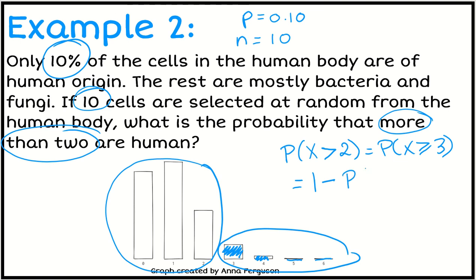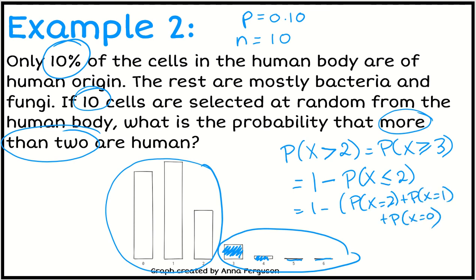So 1 minus the probability of x less than or equal to 2, which I could write as the probability that x is equal to 2 plus the probability x is equal to 1 plus the probability x is equal to 0. If I add those 3 together and subtract them from 1, I'd get the same answer. Depending on how many values we've got, we might find it easy to add or subtract.